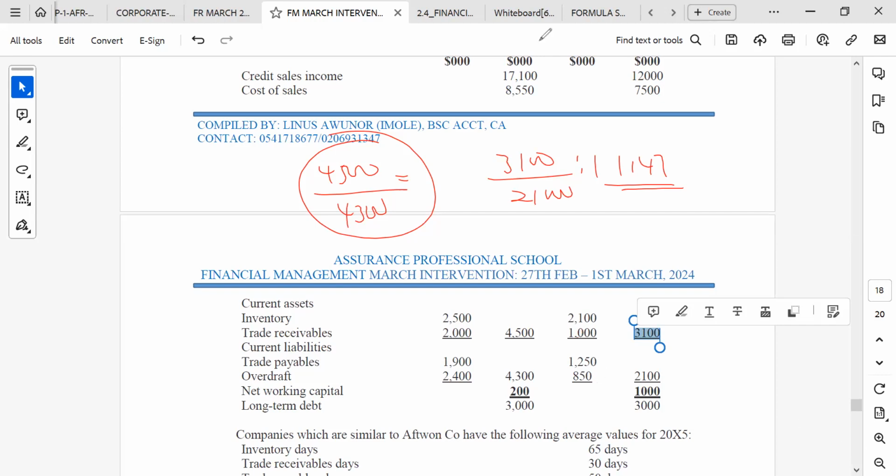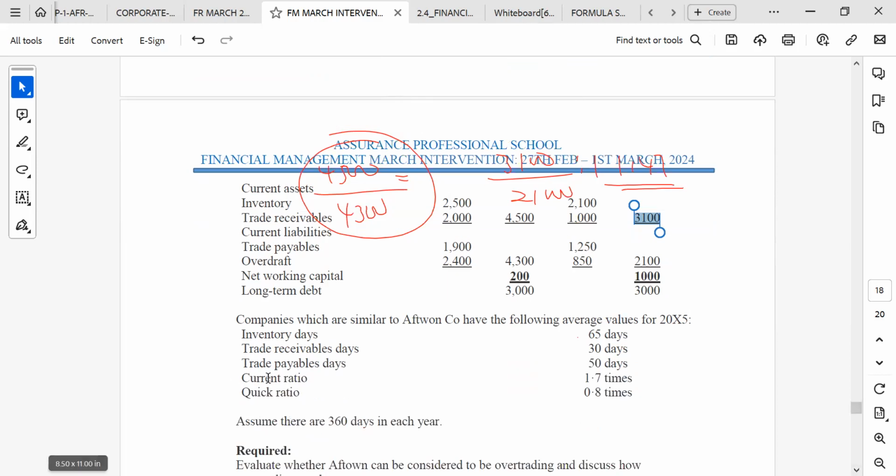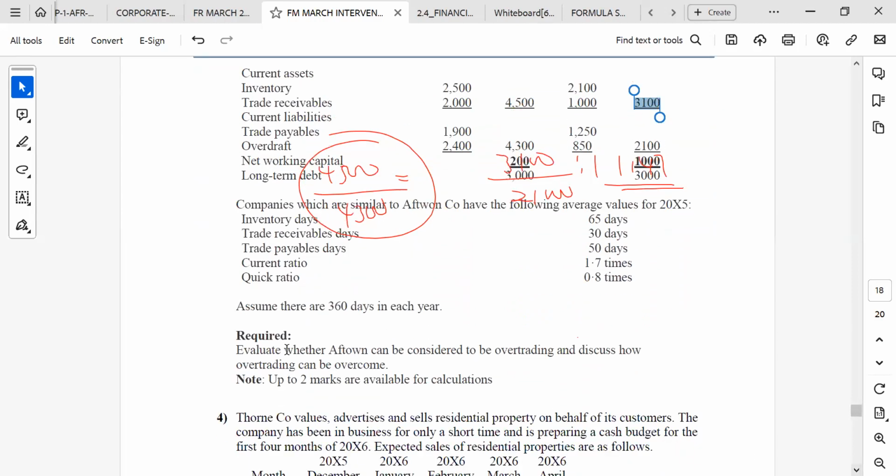But since they have given you corresponding items for a similar company, you can also calculate the inventory days, the trade receivable days, the trade payable days, and compare with what the company is having, and see if the company is overtrading. They are actually overtrading because of the increase in the revenue.